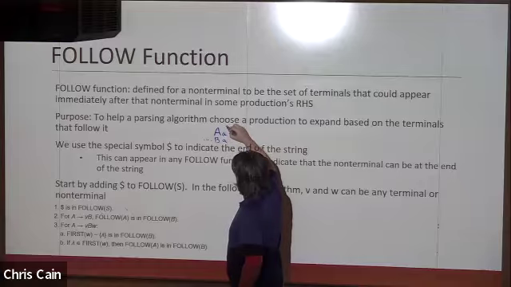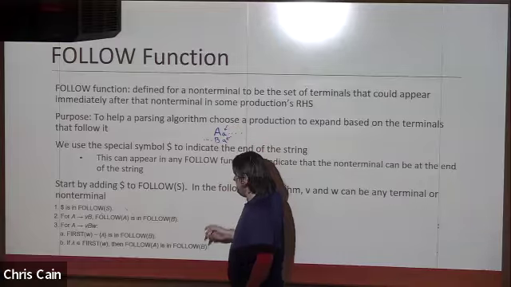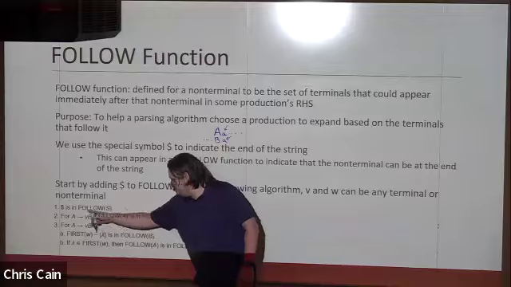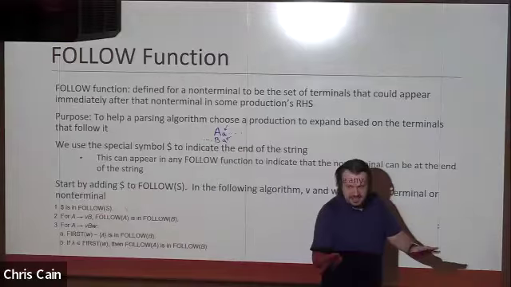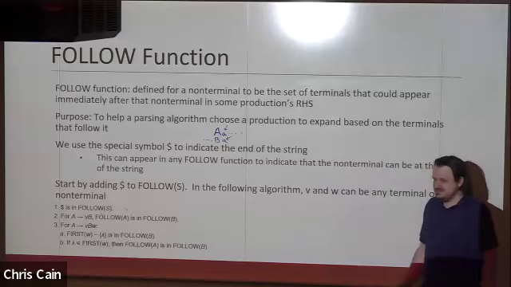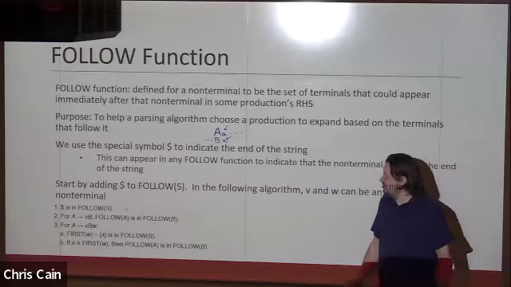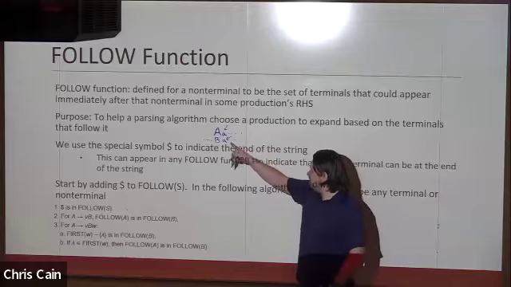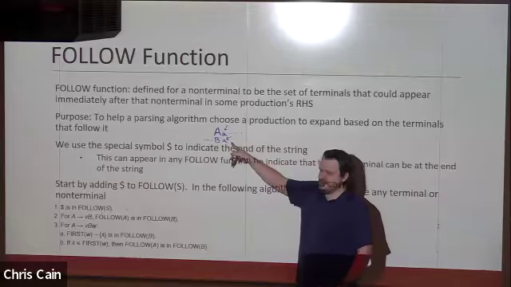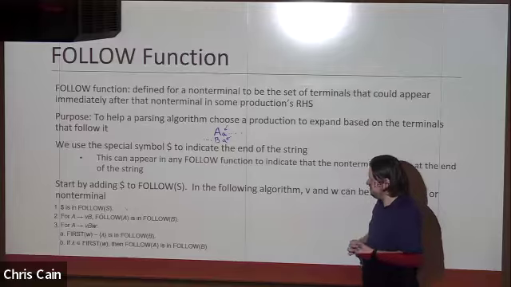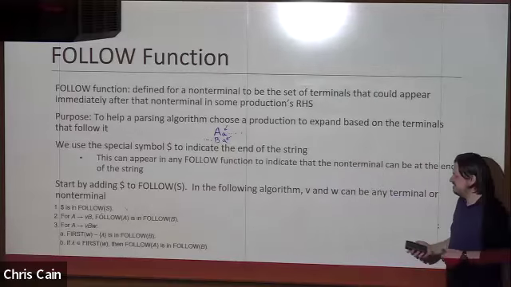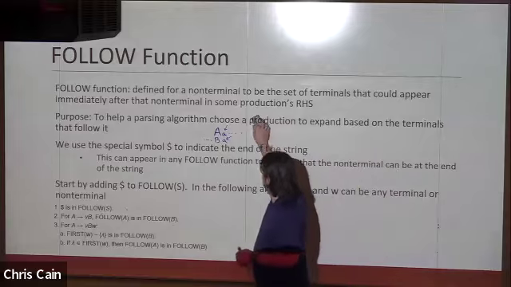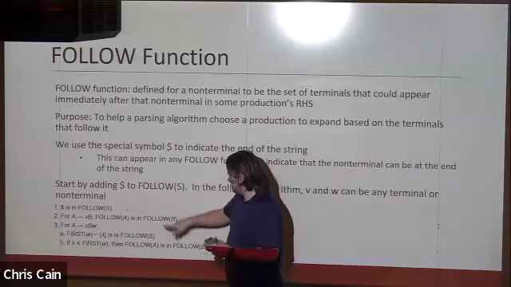And so anything that could follow A could also follow B if we just use this particular production that turns the A into something that ends with a B. So whatever this set happens to be, every element of this set is also in this set. So that's what this is saying.